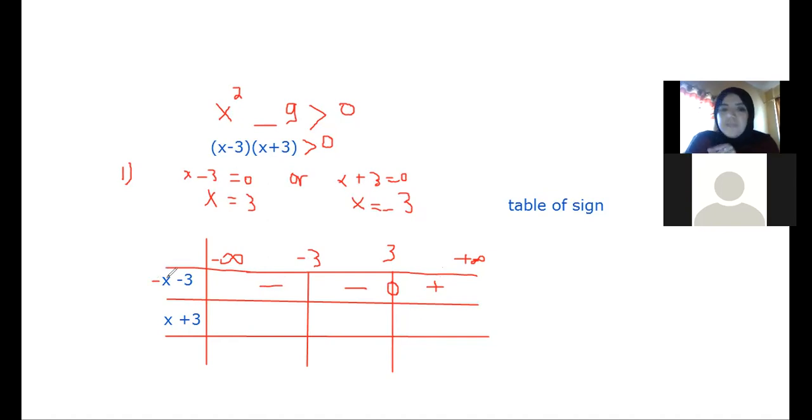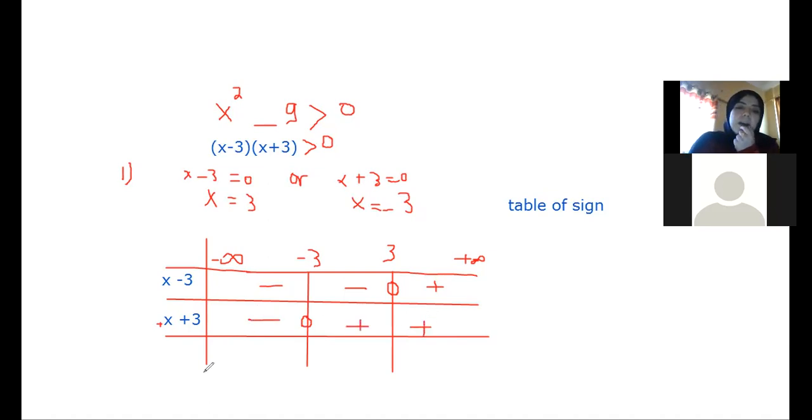So pay attention to the sign of a before you decide their signs. What's the root for x plus 3? It's -3, and the sign of x is positive, so everything is normal. Before the 0 we have a negative, and after the 0 we have a positive.